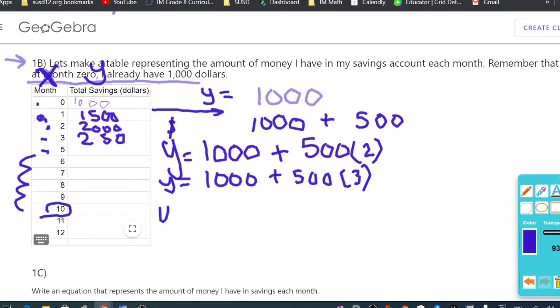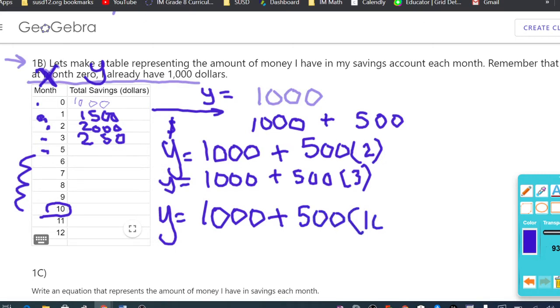At the end of the 10th month, I have my initial $1,000 that I already had beforehand, plus $500 a month times 10 months. That's right, $6,000. Good job, guys. Do you recognize a pattern with these equations?